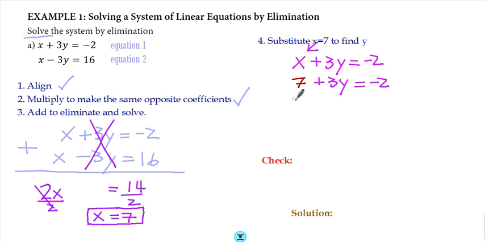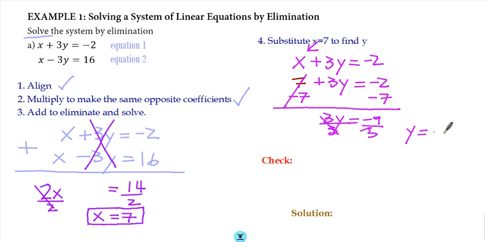Then solve for y, subtract 7 from both sides. You should be familiar with these steps now. 3y is equal to negative 9. Divide both sides by 3. And I have that y is equal to negative 3.